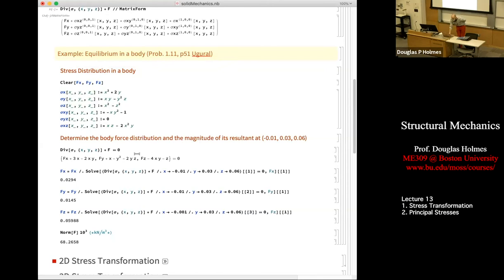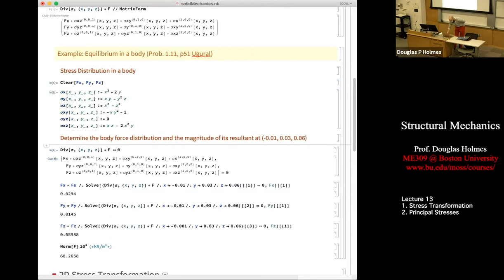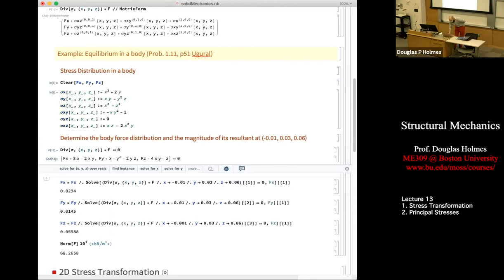Okay, so let's first, very quickly, define our equilibrium equations. Here they are. Divergence of stress with respect to x, y, and z plus f equals 0. Double equal sign here because it's just showing equality. Oops, I never ran these. Three equations result from this equilibrium equation, which we know.